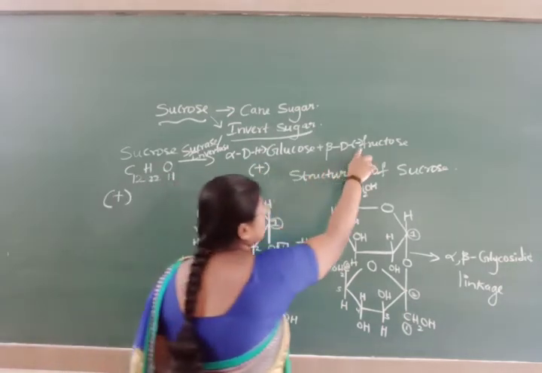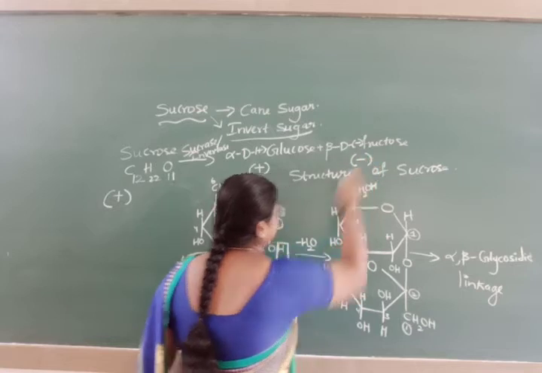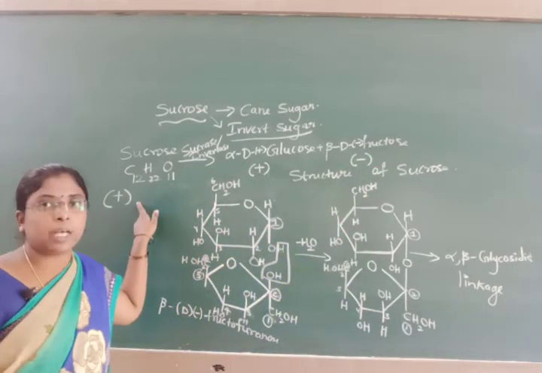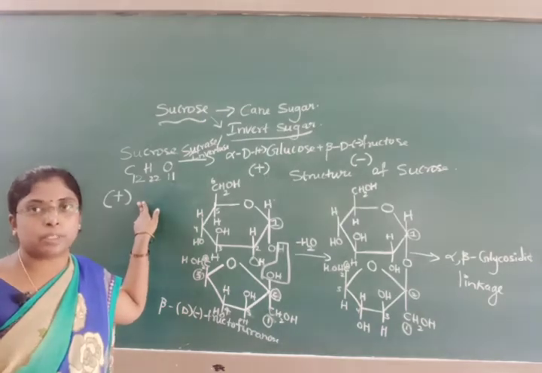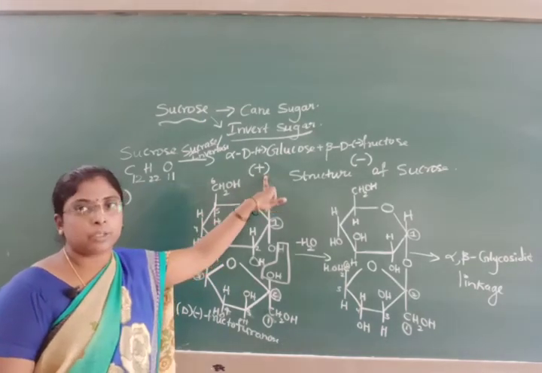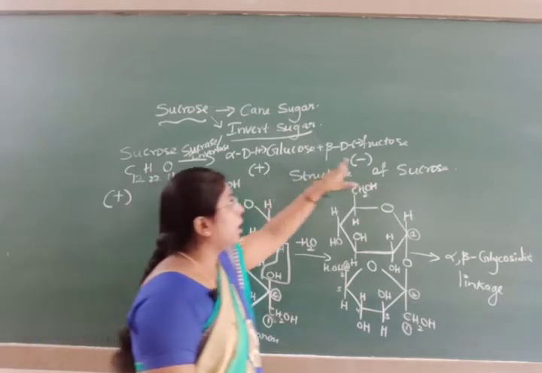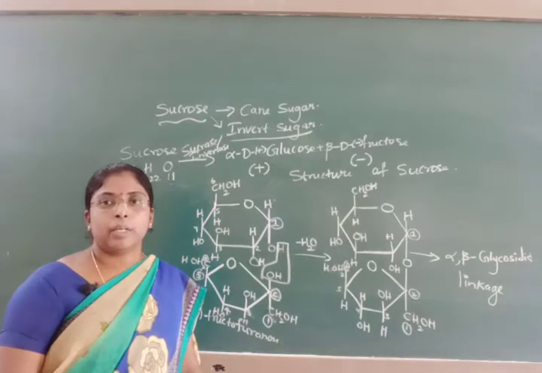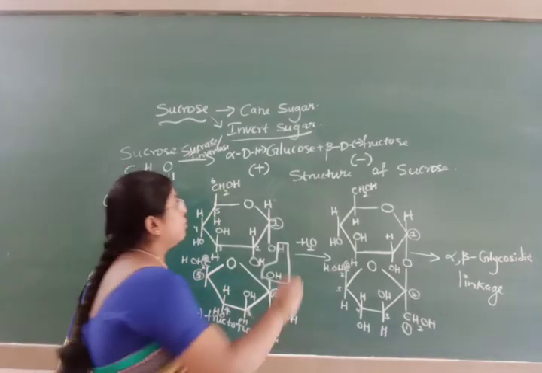But what about the fructose? Fructose is levorotatory. Sucrose initially had a positive sign, it is dextrorotatory, but on hydrolysis it produces dextrorotatory glucose and levorotatory fructose.